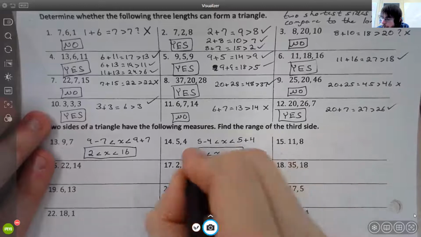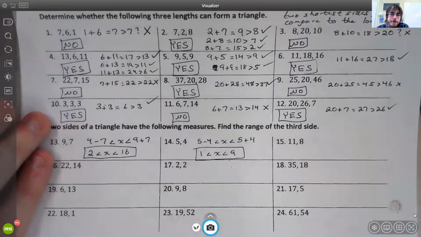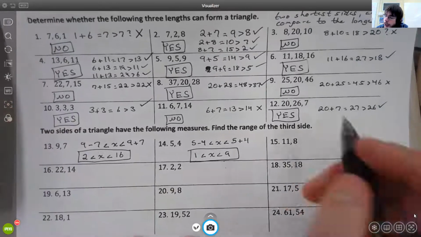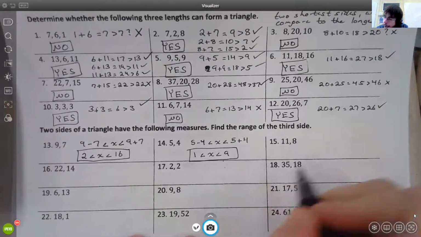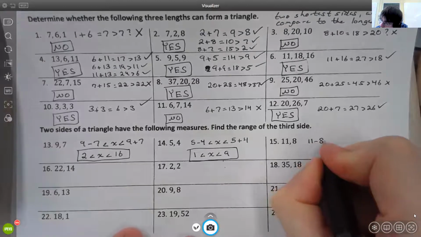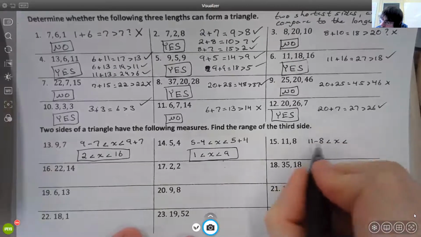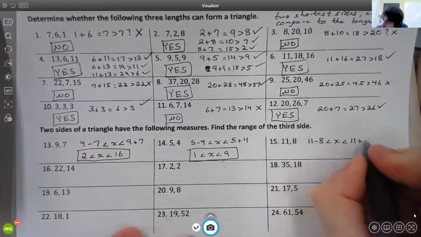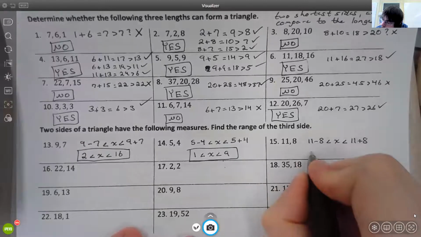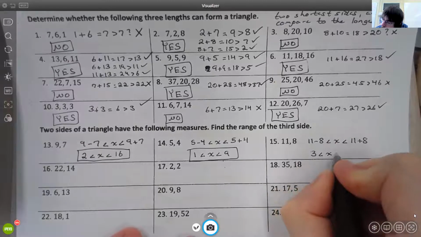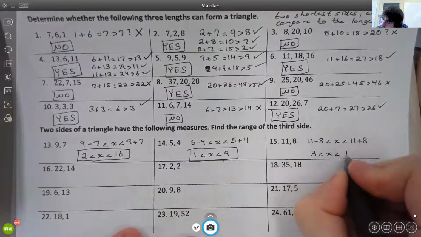So 1 is less than x, which is less than 9. Number 15, 11 and 8, we're going to take 11 and subtract 8, and less than x, less than, and then we're going to take 11 and add 8. So 11 minus 8 is 3, less than x, less than 11 plus 8, which is 19.